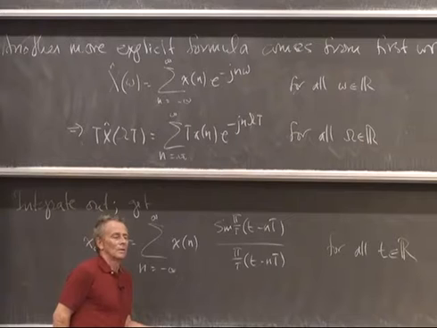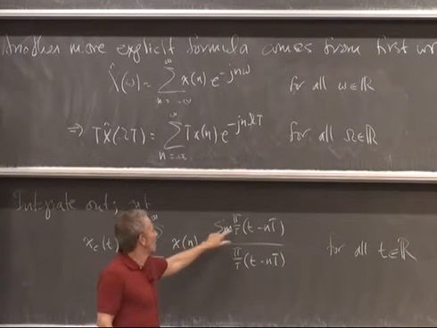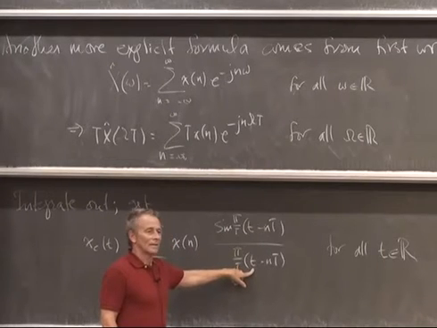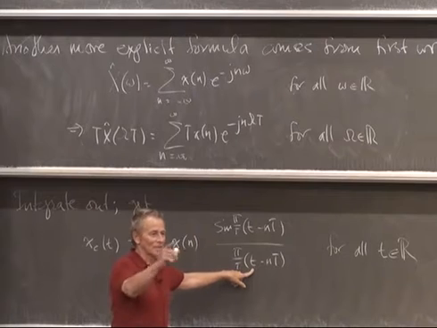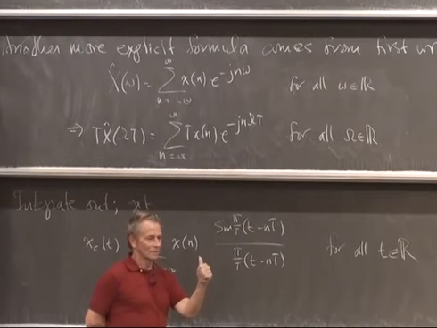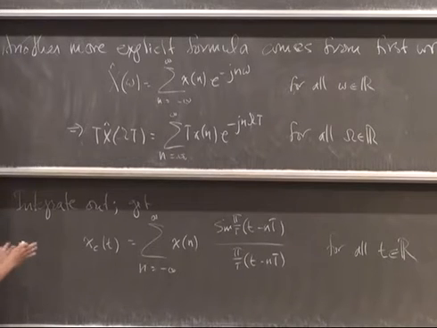Oh, right. Okay. If you plug in t equals 0, what happens? You have a bunch of sine n's over n's, all of which are 0 except for n equals 0, as Ian just pointed out. All right. So what does this say?